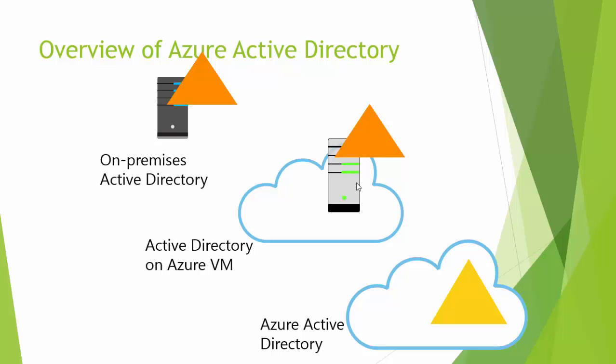It's not using LDAP ports. AAD users and groups are created in a flat structure. There is no OU and GPO. AAD does not support computer join. AAD cannot be queried through LDAP. As I said, there is no LDAP. It always works with HTTP and HTTPS.